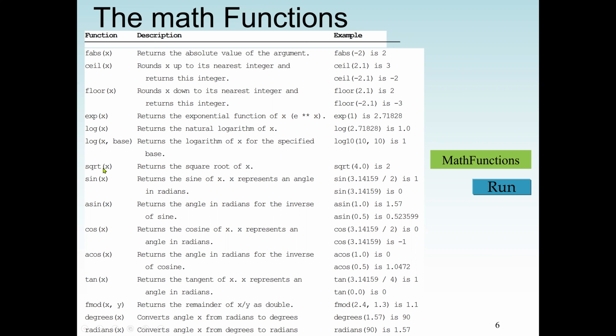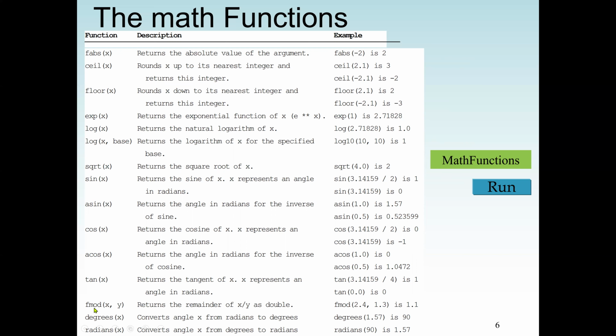We also have the square root function, which is sqrt. It will give me the square root of any value. For example, the square root of 4 is 2. We also have the trigonometric functions like sin(x), cosine, then tan.